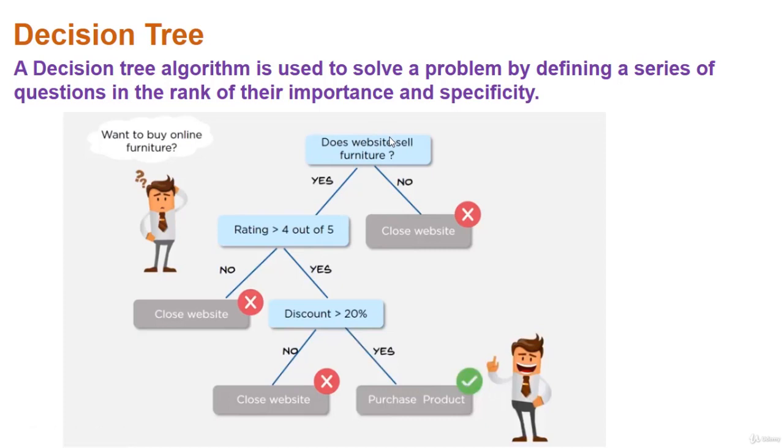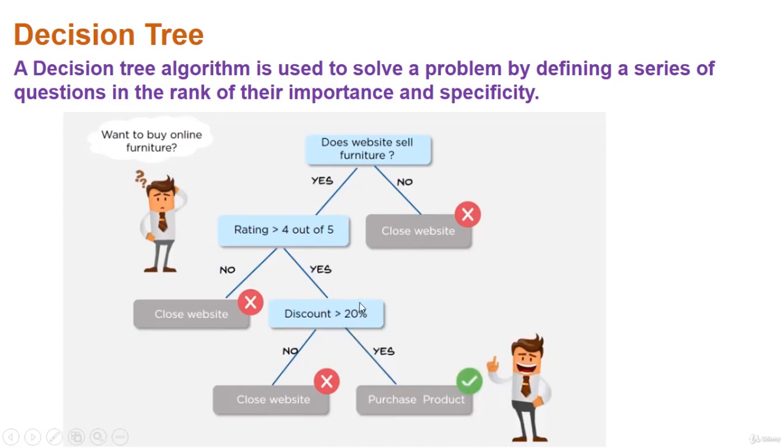If it is not selling furniture, you will close the website. Now you can go further to the websites that are selling furniture and look at their ratings. If their rating is greater than 4, then you can proceed and close all other websites whose rating is less than 4. Now on the website whose rating is greater than 4, you can consider whether they are giving a discount of greater than 20.